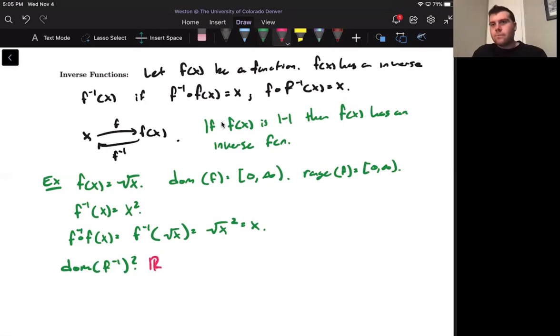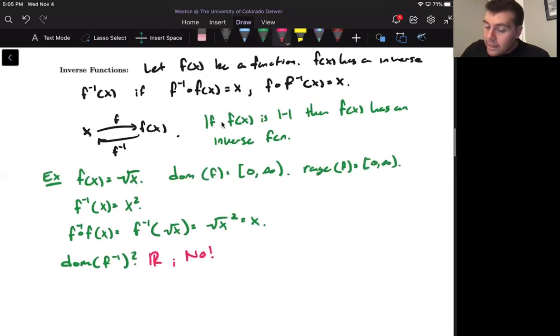So, is it all real numbers? In this case, it turns out no. We'll have to restrict the domain so that we have a proper inverse function.